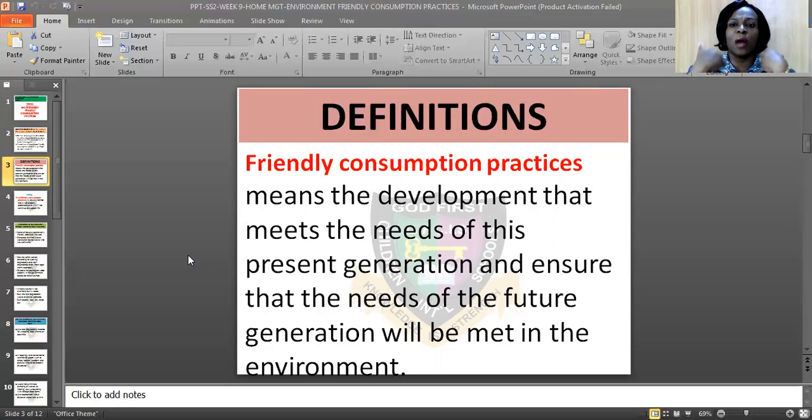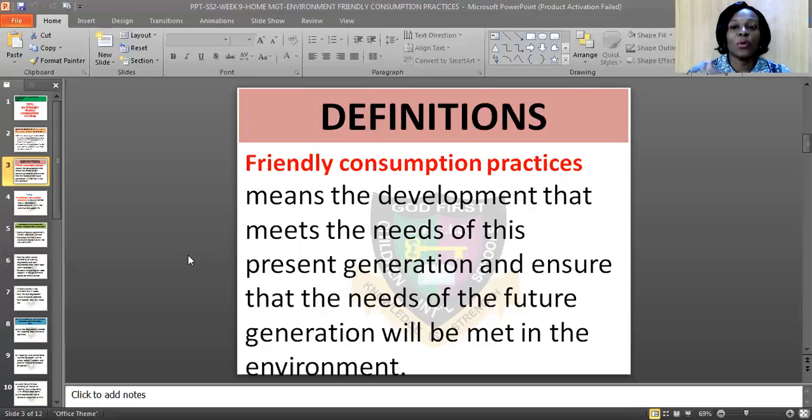At least when you are consuming, you are not being only selfish about yourself or about satisfying yourself at this present time, but you are putting into consideration those future generations. How are they going to be met? How are their needs going to be met? Are you getting it? All right.